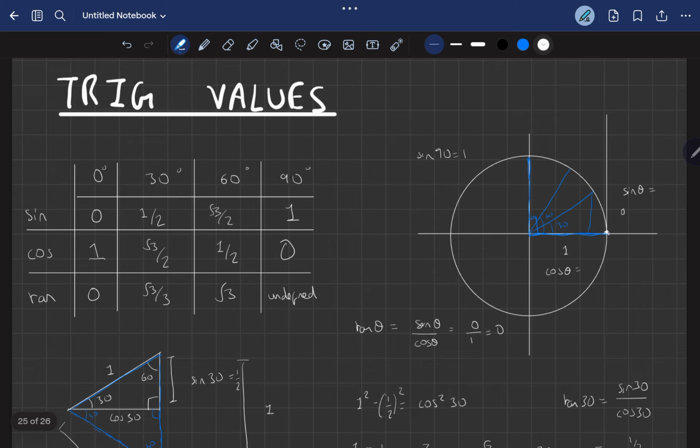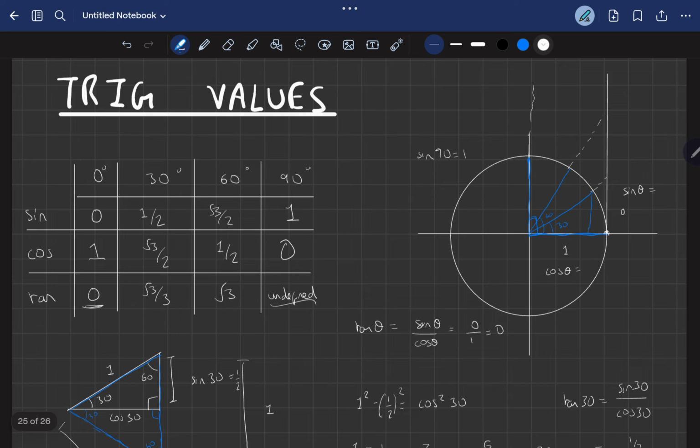No matter how long I extend this line, it would never meet the extended radius, unlike 60 or 30, which would. Therefore, it's just undefined. Also remember, tan is just the gradient, and the gradient of a vertical line is undefined. However, the gradient of a flat line is 0.